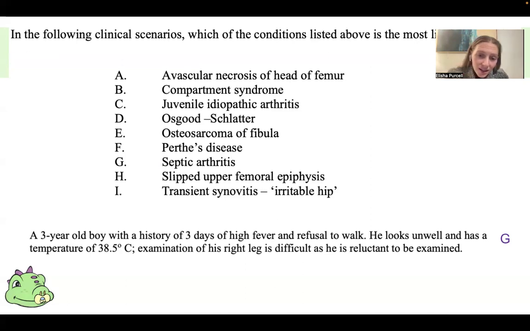Transient synovitis, the child's too unwell. In transient synovitis, they appear generally well. They just have a limp after a viral illness. I don't think there are many distractors, so hopefully that was okay. But regardless, we're going to go through the conditions shortly.